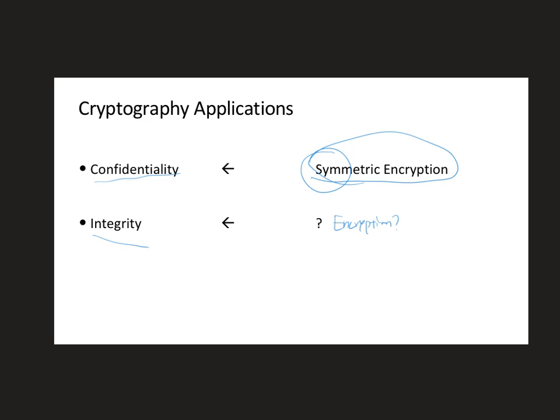Even if the attacker cannot decrypt the encrypted message, he can just use some other plaintext to replace what you really wanted. So encryption itself cannot guarantee integrity. That's why we need a hash function.